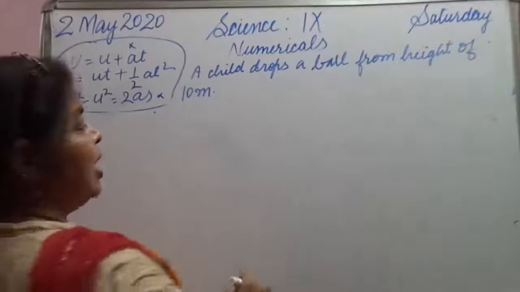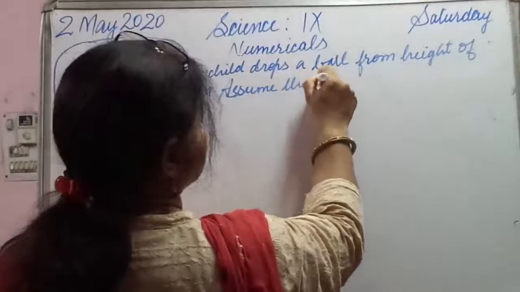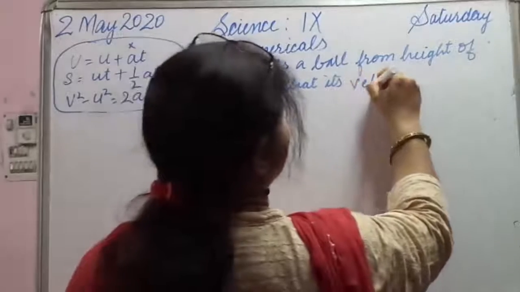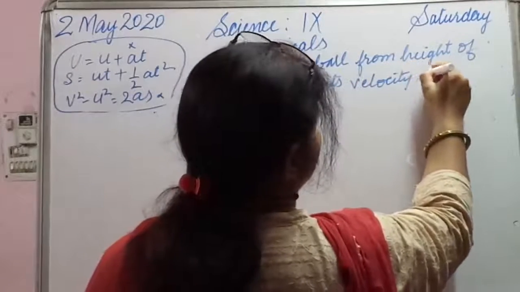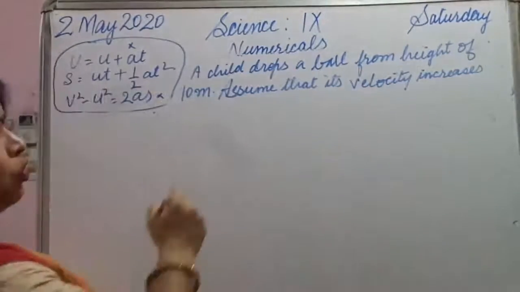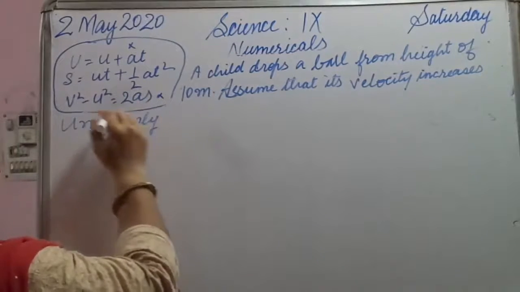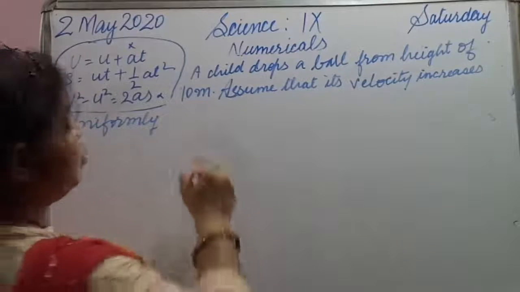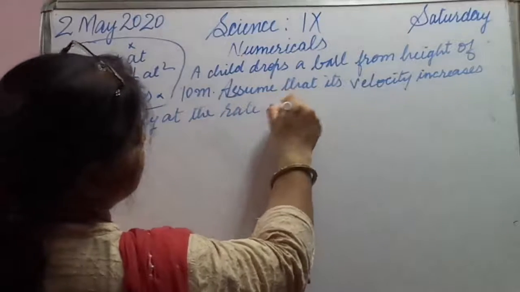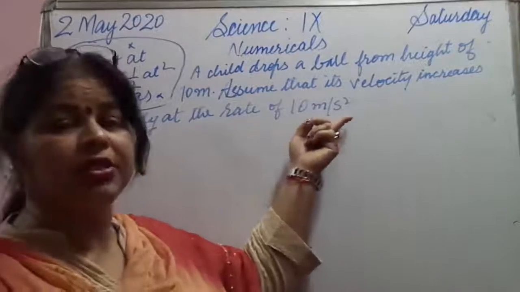Assume that its velocity increases uniformly at the rate of 10 meter per second square. So it is your acceleration, as the unit is telling you.